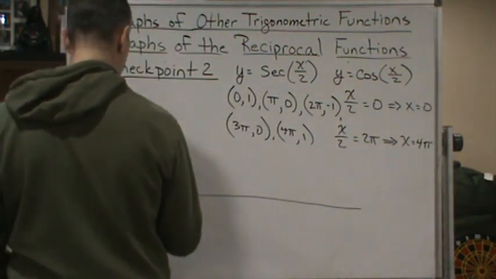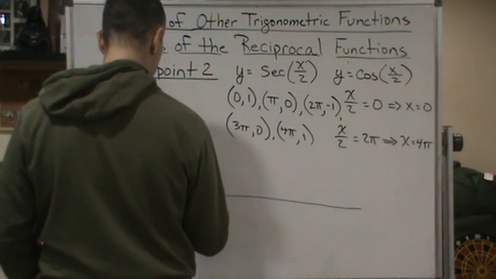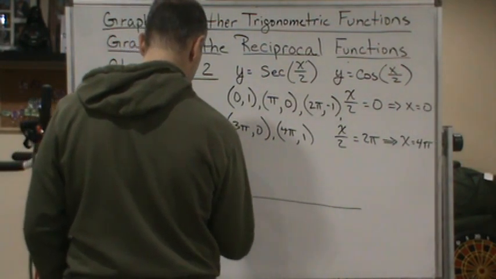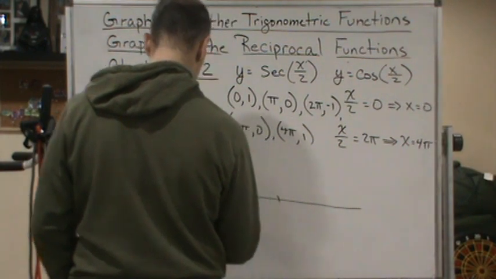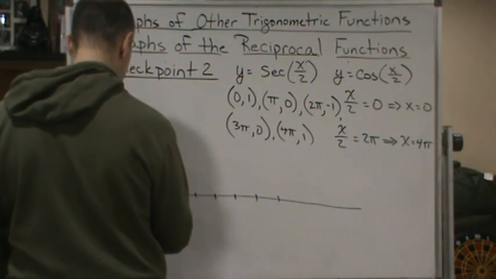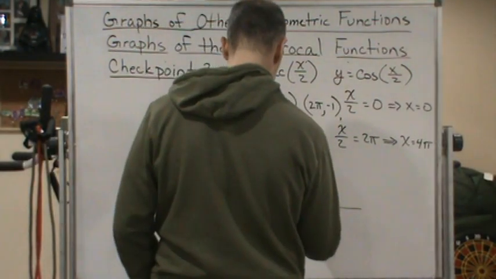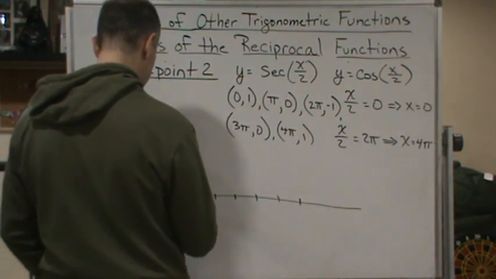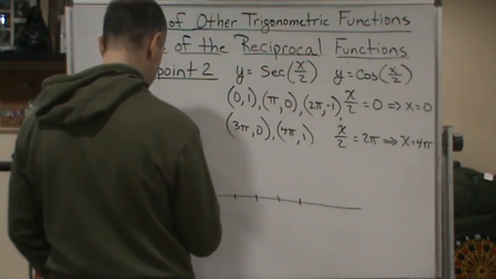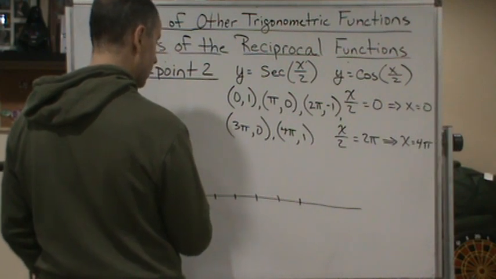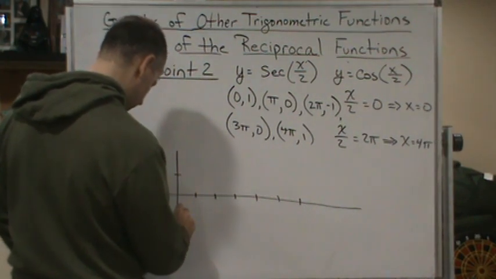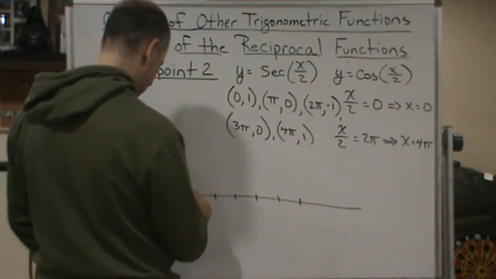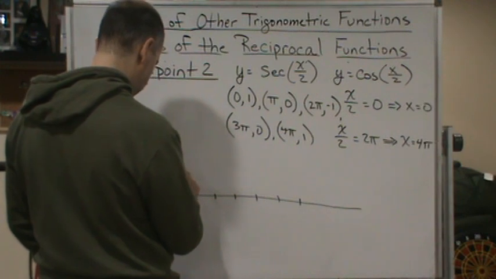Ultimately graph our secant function. Okay? So at 0 it's 1. Let's do 1 here, -1 there. Okay, so now we're going to start at 1.